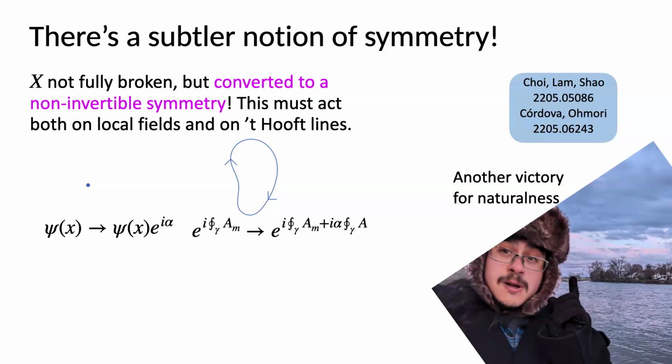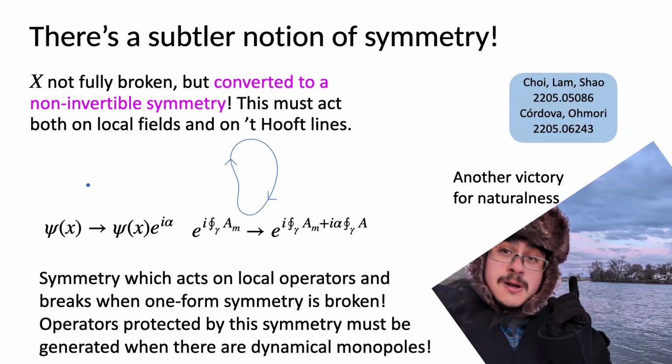But I assert to you, this is amazing. Let me emphasize what we've found here. We have a symmetry which acts on local operators, and so directly constrains the operators in the Lagrangian, the dynamics of the theory. But since it must also act on these extended operators, it must break when the magnetic one-form symmetry is broken. It must break when there are dynamical magnetic monopoles around.